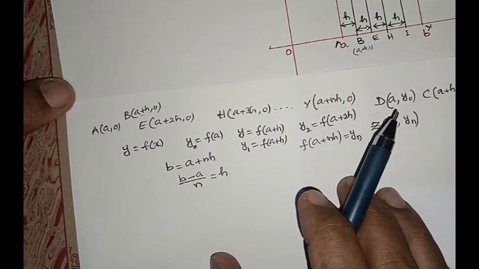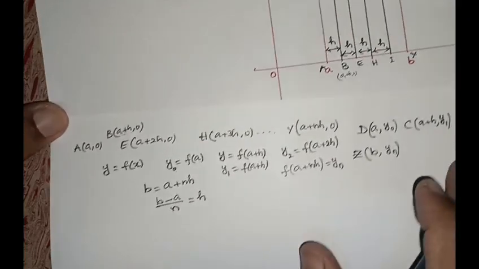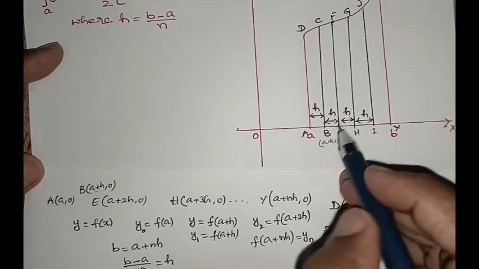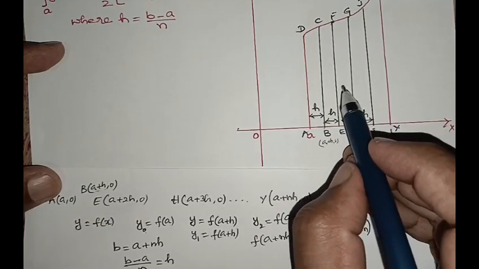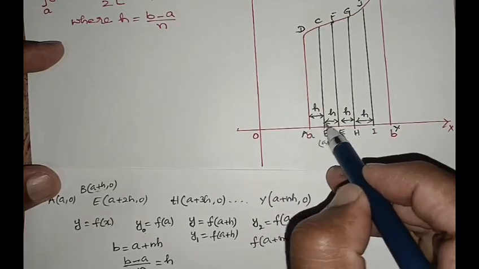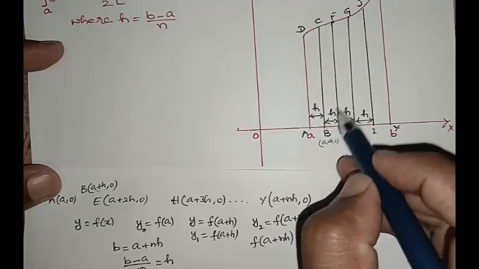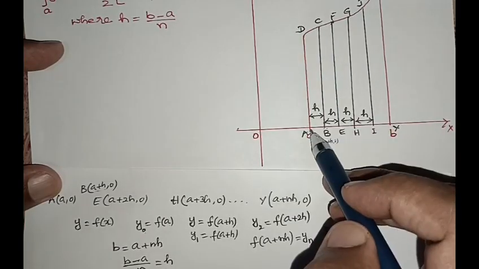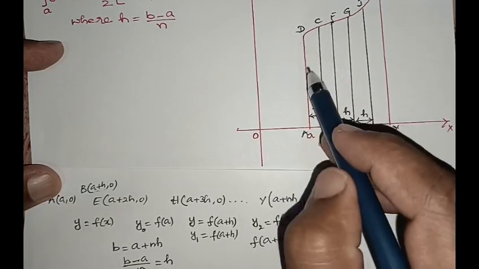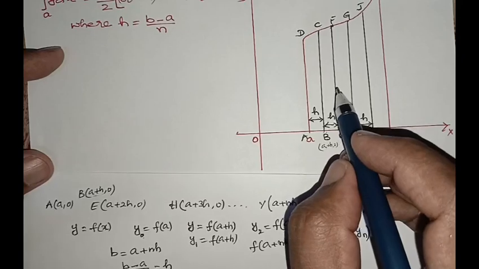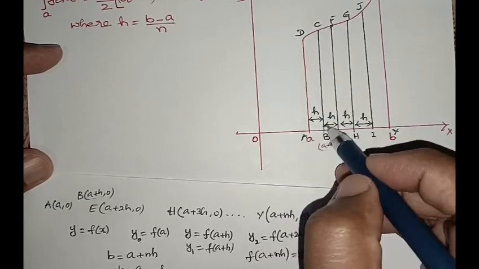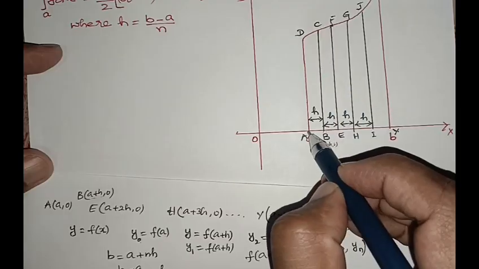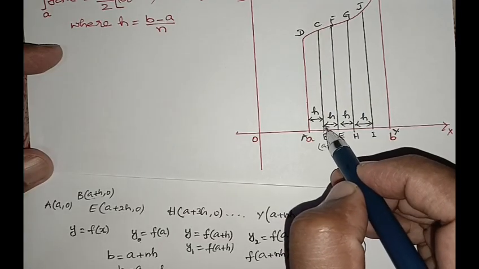So these are the things here. Now the next assumption is, by drawing these parallel lines, the closed figure ABCD is bounded by AD, a line segment, BC, a line segment, and AB, a line segment.